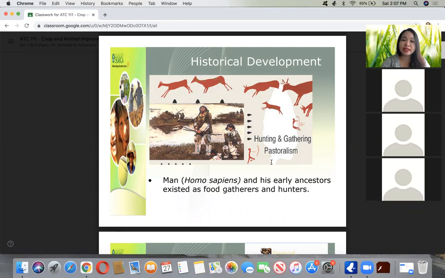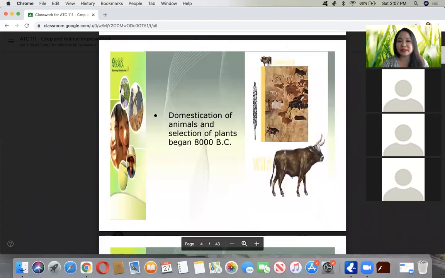Biotechnology is connected to years back when we did hunting and gathering. Humans and early ancestors existed as food gatherers and hunters.